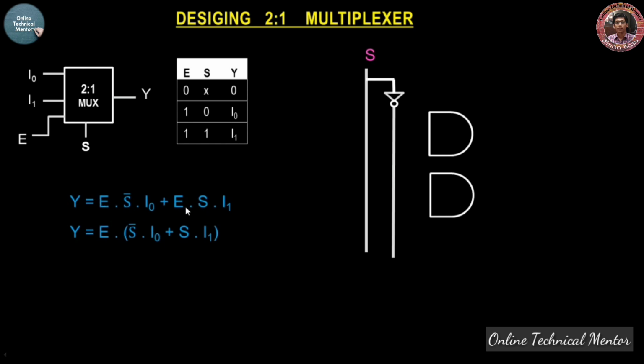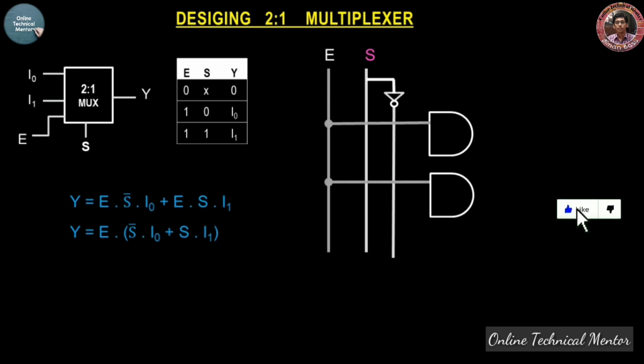E is common, so E will be connected with both AND gates. So when this enable line is low, the AND gate will not work, it will always give you a 0 output. When the enable line is high, it will work according to the input and the selector line. Now in the first AND gate, there are 2 more inputs, that is S bar and I0.